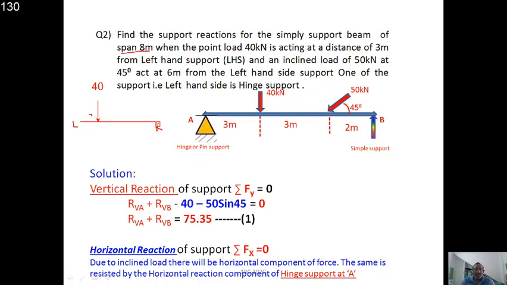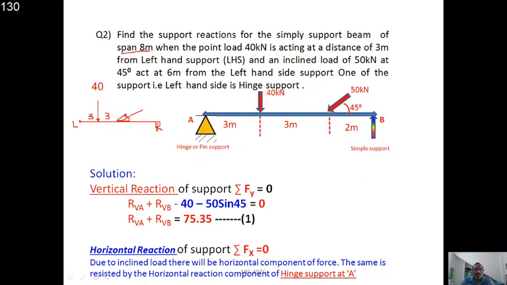So still it is 3 meters. Now he is saying that from the left hand support it is at 6 meters. From this point of view you should calculate: this is the 3, so another 3 meters is required.